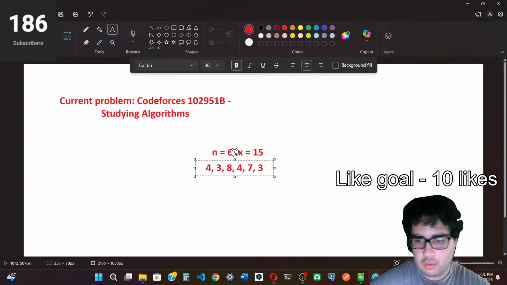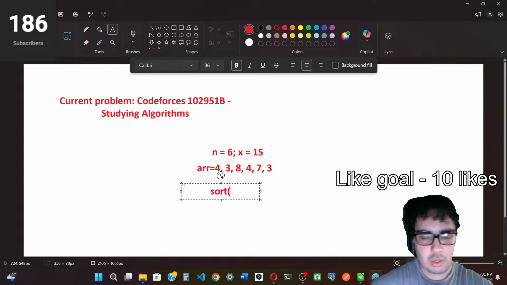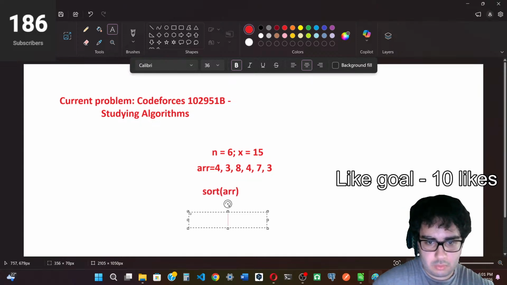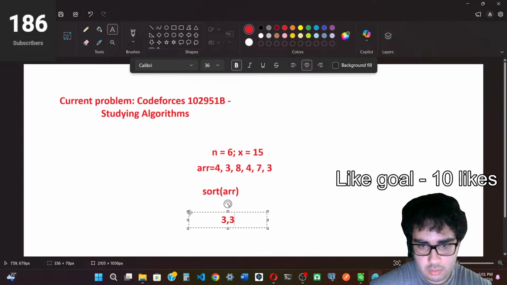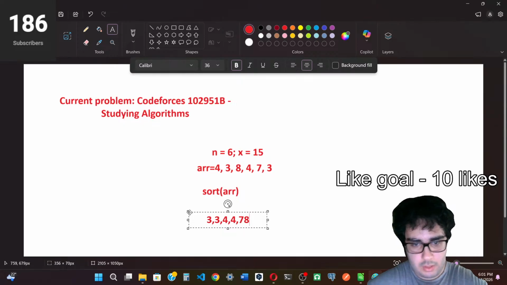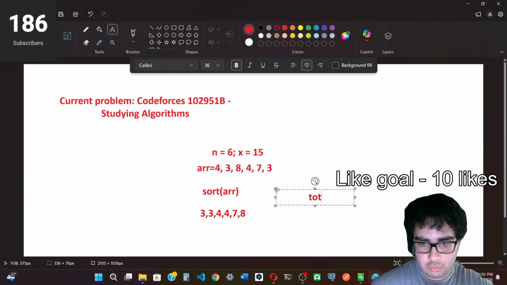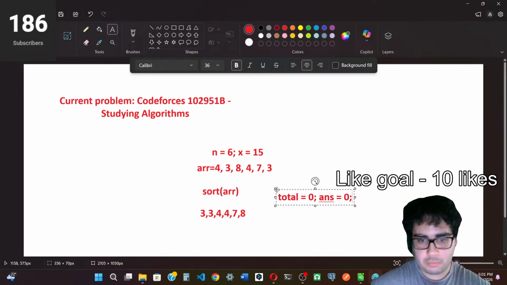This is our array, and then we're going to sort it, just how we did in one of the previous questions, and then it becomes 3, 3, 4, 4, 7, 8. Then we're going to keep track of a total, which is 0, and an answer, which is 0.